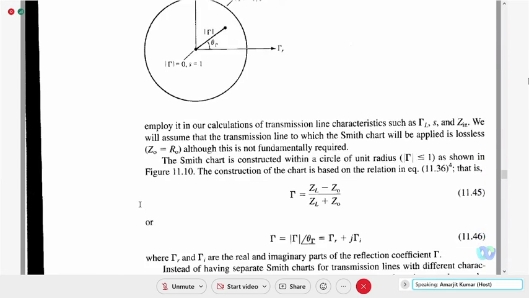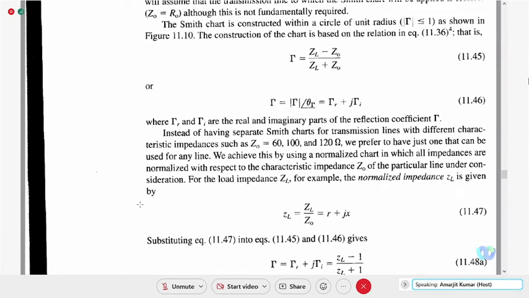Next, I told you all the impedances will be normalized so that we can use one single Smith chart for all the different characteristics. So gamma we can write like this, ZL divided by Z naught because normalized. It is a small zl.